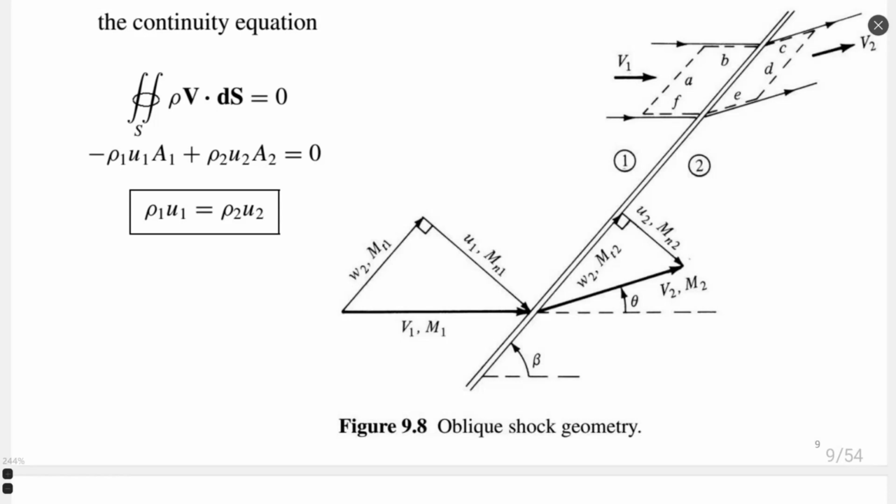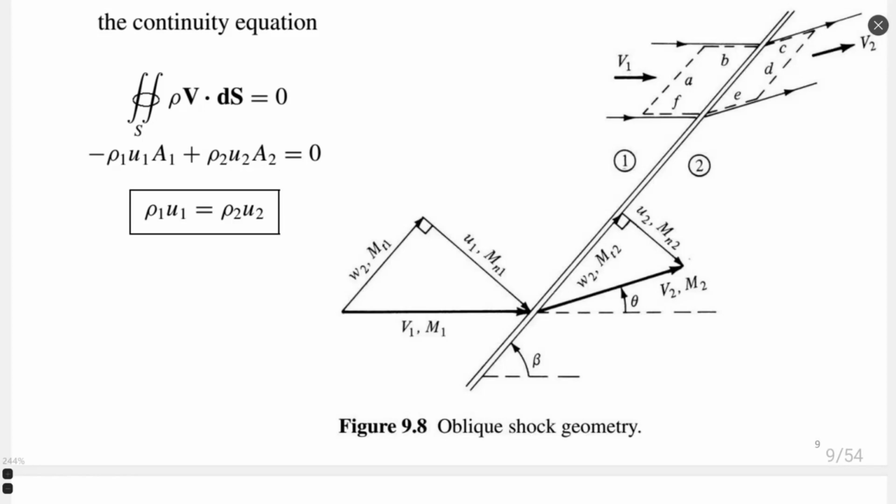It consists of two parts. It has edges A, B, and F before the shock wave, and edges C, D, E after the shock wave.